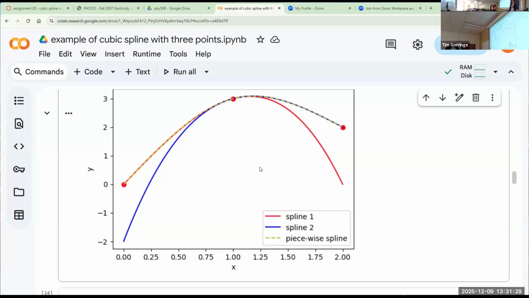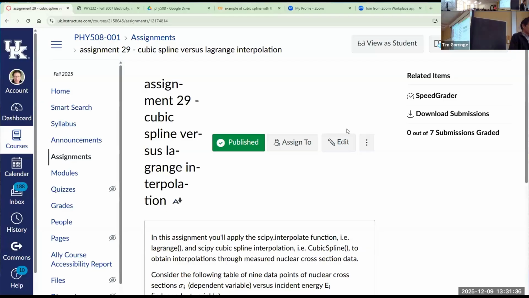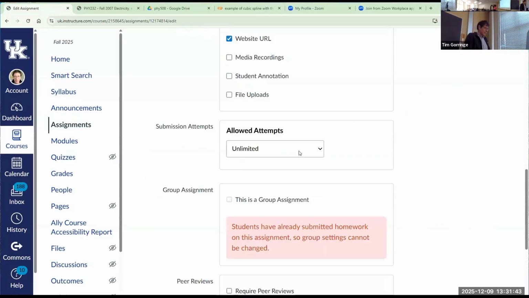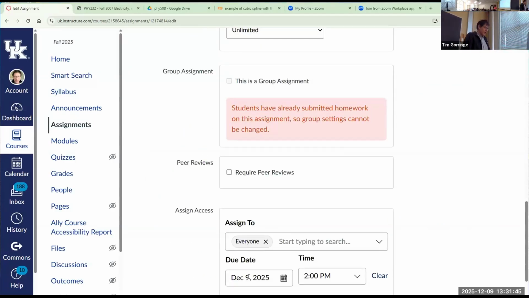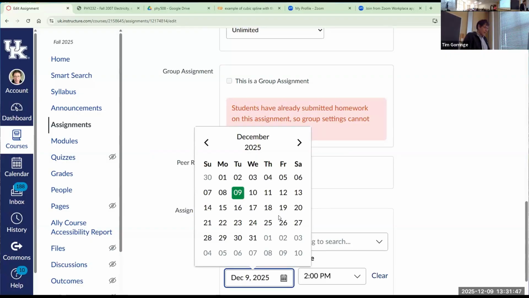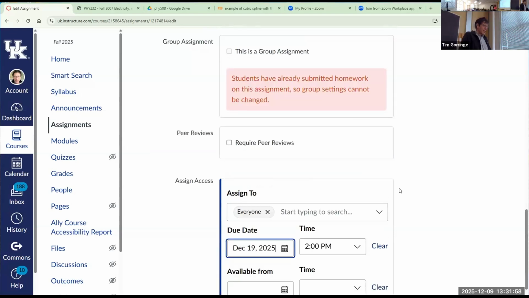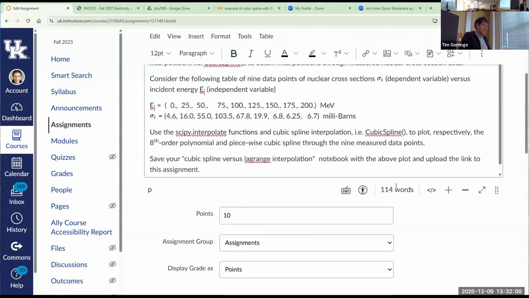Yeah, but you don't want it to be due at the end of December at 2 p.m. Yes, that's a mistake. Let's see if I can change that.